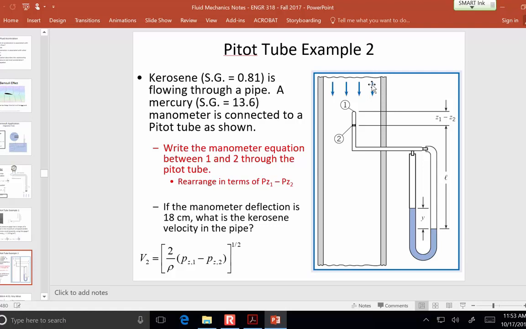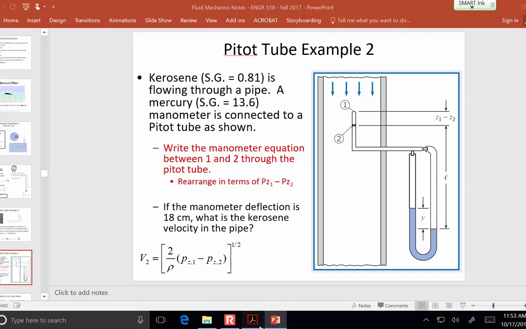On the inside of the pitot tube, conditions were static. And that's why over here on the board, the manometer equation was just the hydrostatic equation between 2 points. So we were relating 1 and 2 through the inside of the network using the hydrostatic equation, and then the difference in pressure or velocity between 1 and 2 on the outside of the pitot tube is described by Bernoulli's equation.